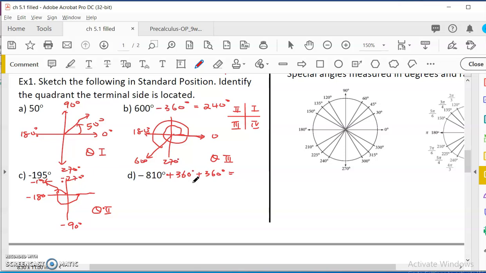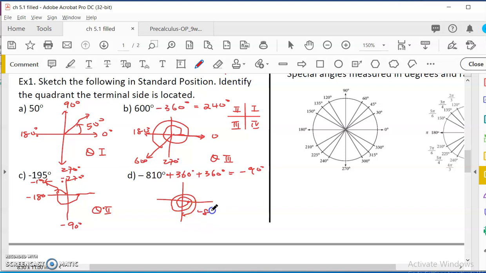So that means negative 810 plus 720. That's negative 90, right? So you would know that, okay, we'll just do 2 rotations down, 1, 2, stop here. Okay, so that is negative 270. I'm going to do 90 more, so it'll be here.